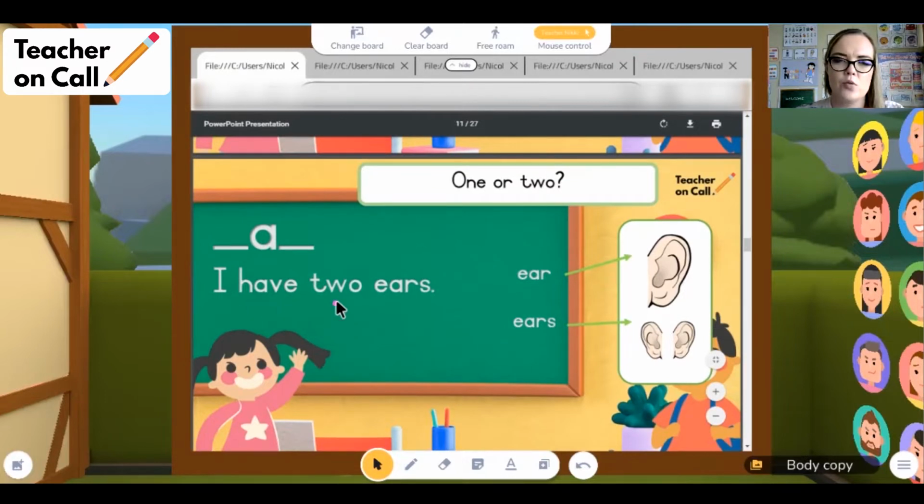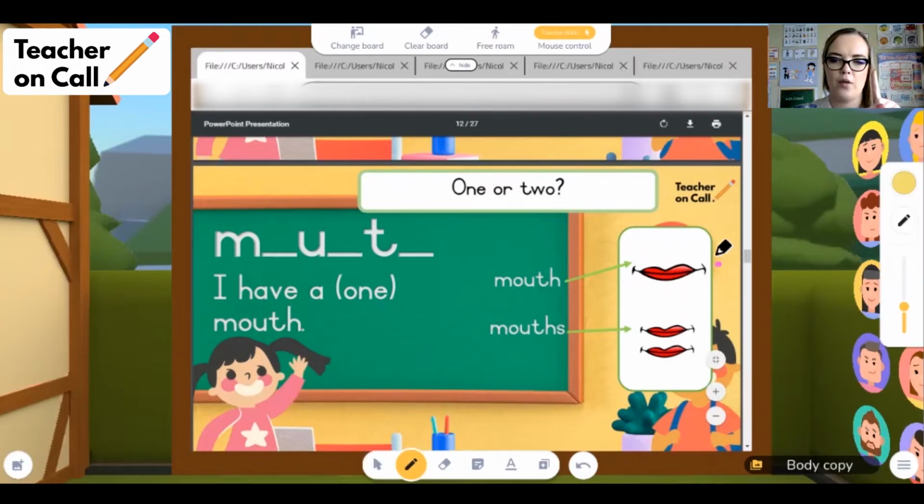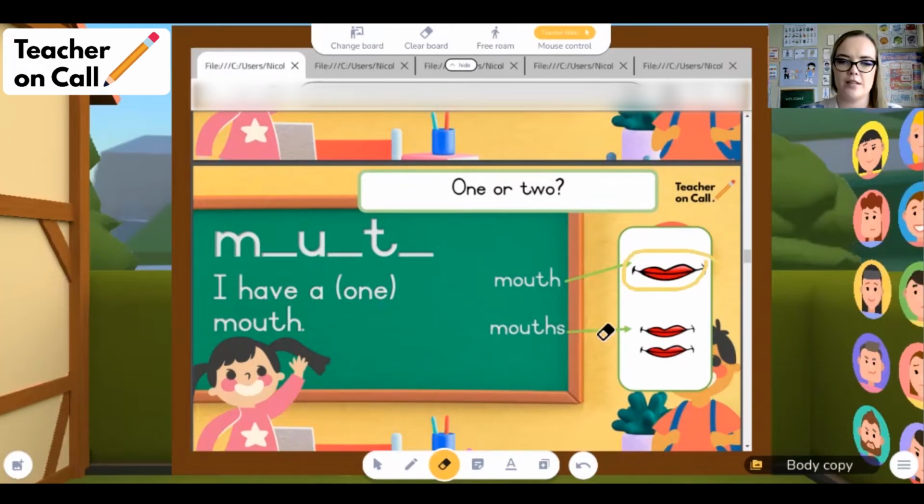I have two ears. Here's the S again for two. I have two ears. I have a mouth. One. I have a mouth. Go write mouth on your worksheet.